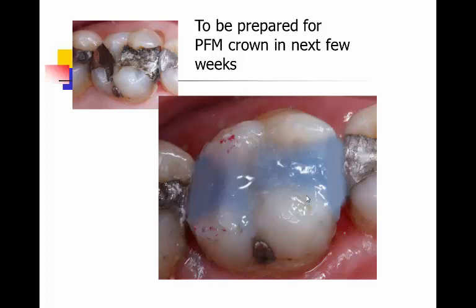Being the dental school, we're going to be preparing this tooth for a crown in several weeks. In a dental practice, you'd place the core and you'd plan on preparing the tooth and making the impression the same visit.